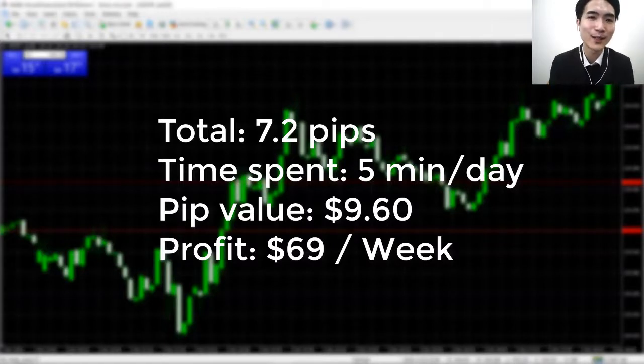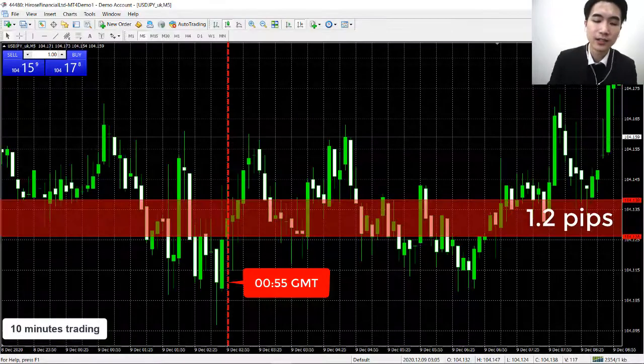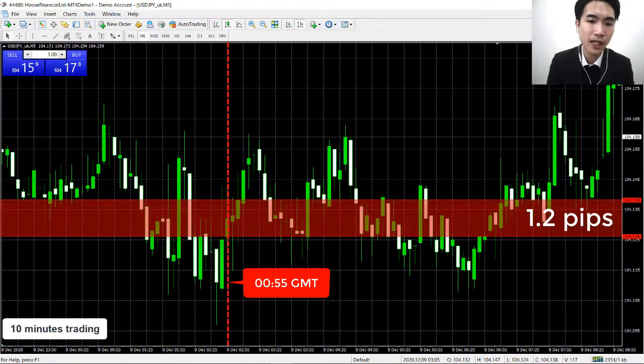That might not sound like much, but let's take a look at what happens if we spend 10 minutes each day for our trading. It's the same 5 minutes chart. On the 9th of December, in 10 minutes, US dollar and Japanese yen moved by 1.2 pips.